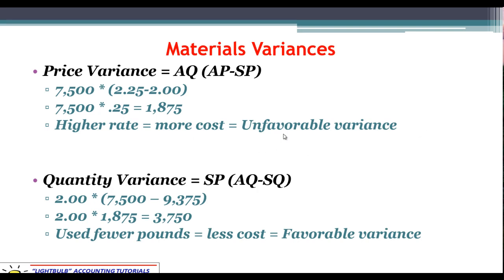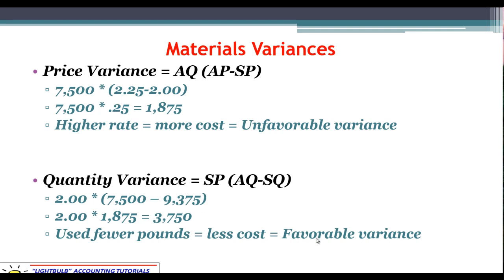Now let's look at the quantity variance. The price caused an unfavorable variance, but we have to look at the quantity variance separately. So here, the difference in our two quantities, we actually used 7,500 when we were expected to use 9,375. We used less than expected by a good chunk.